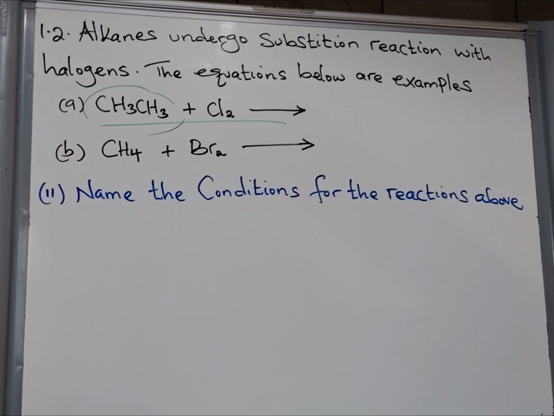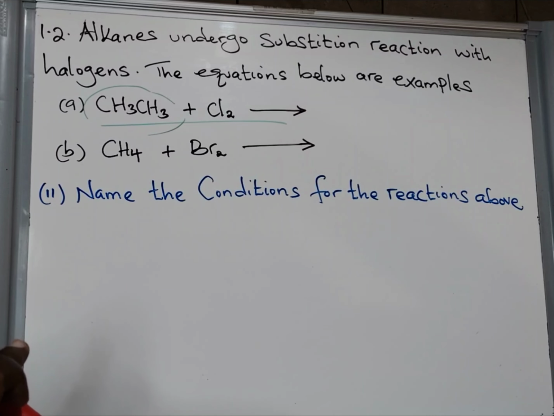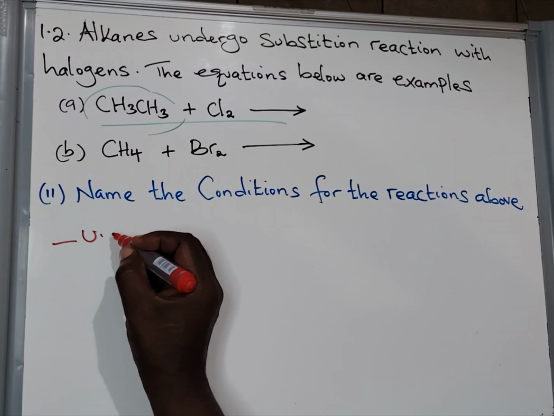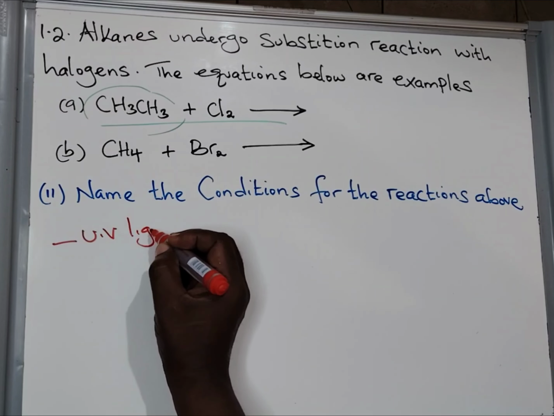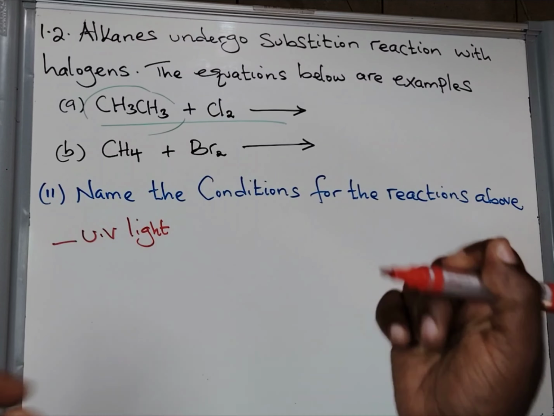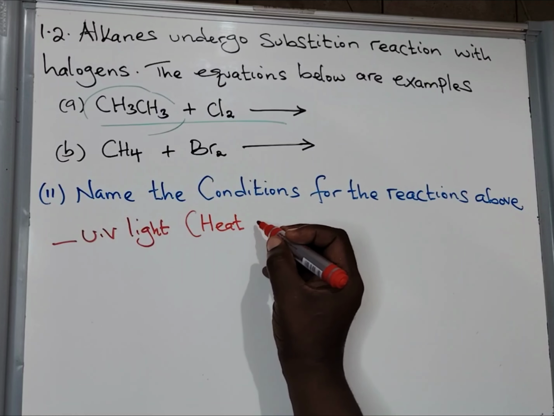So then comes this question. It says, name the conditions for the reactions above. Okay, what are the conditions which are required for these reactions to proceed? Substitution of alkanes with a halogen. What are the conditions? The condition is UV light. But at times, we accept heat because heat is a source of UV light.